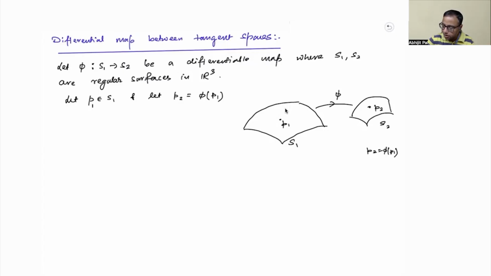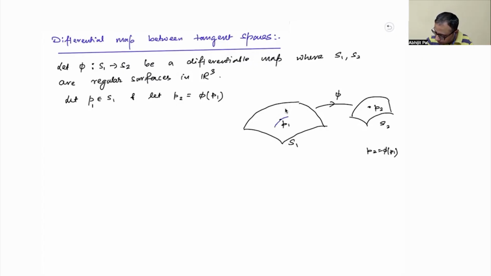Okay, so now, what is the tangent vector at the point P1? So you take any differentiable curve passing through the point P1 on this surface S1 and take the velocity vector at the point P1 of that curve.